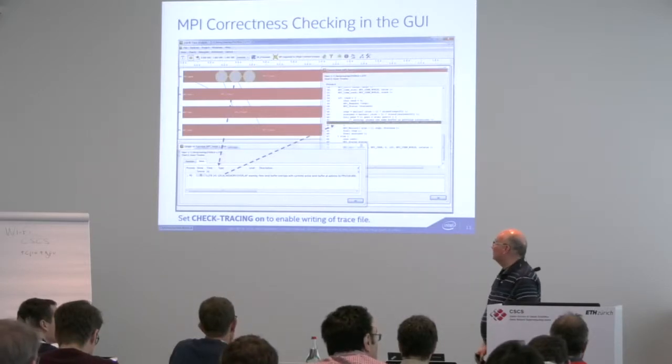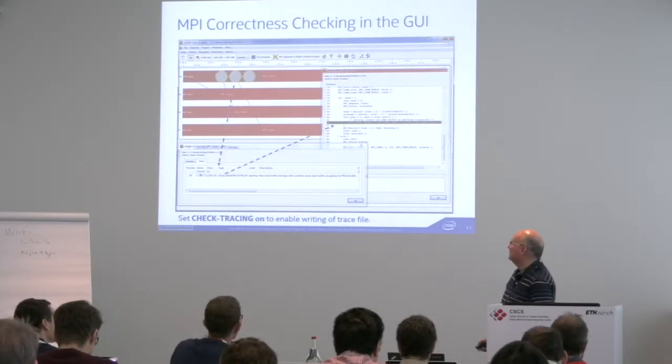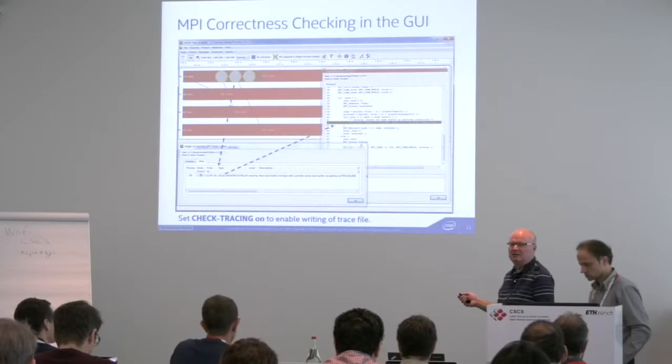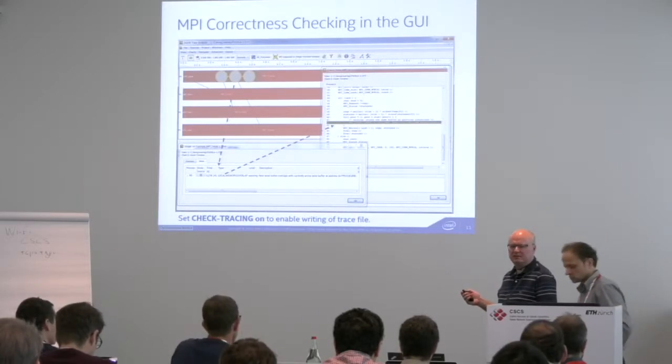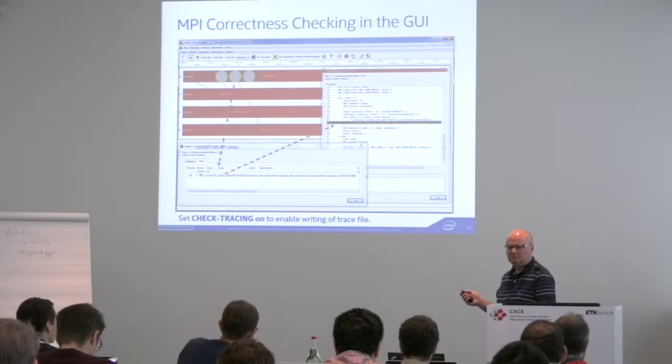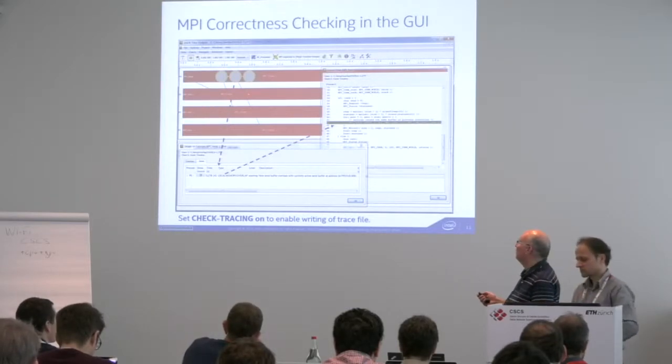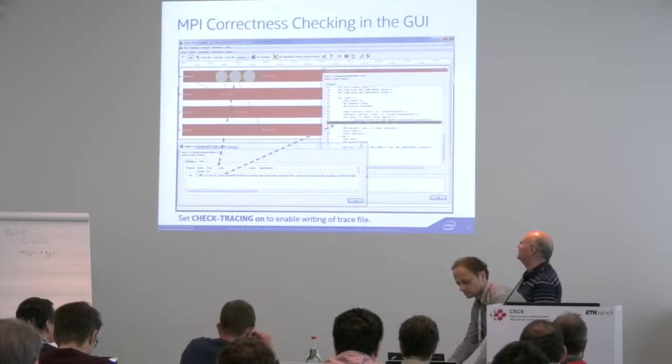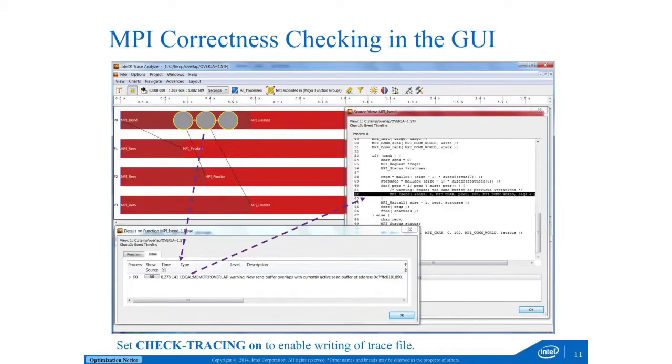So that is how the trace file looks, and it looks like an ITAC trace. Here for each process you see a bar, and you see the MPI calls, but additionally you see some bullets.